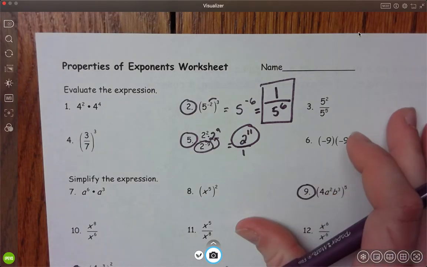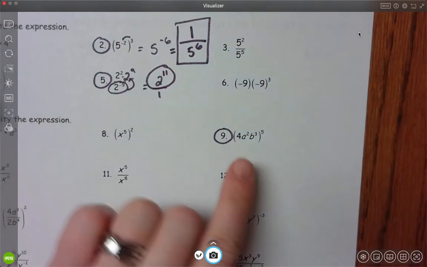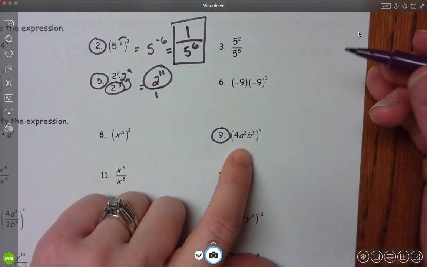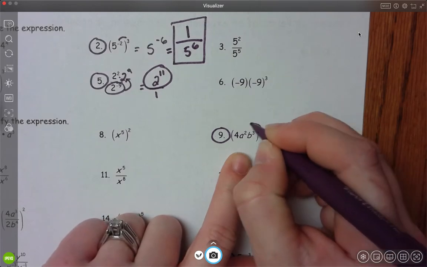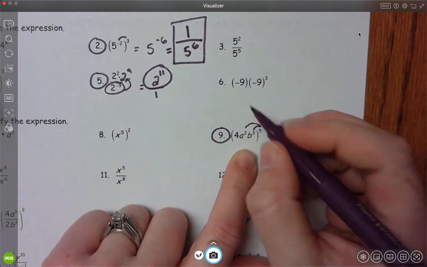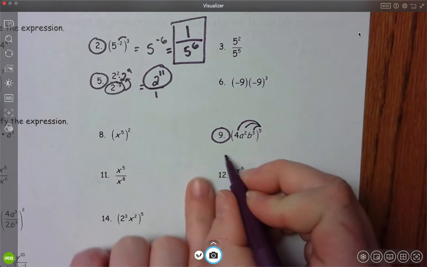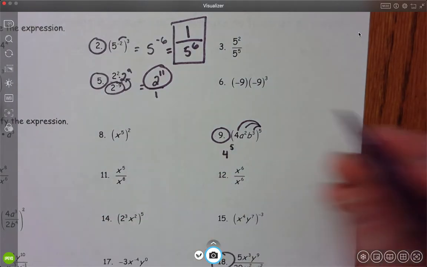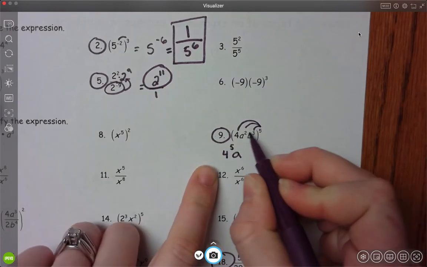All right, let's go down to number 9, where I have that 5th power. I wanted to include this problem in here because a lot of people will distribute this through the A and the B, and they'll forget about the 4. The 4 needs to be taken to the 5th power also, okay? So this will be 4 to the 5th power. A to the, will that be 7 or will that be 10?